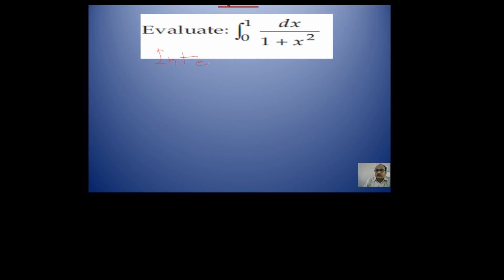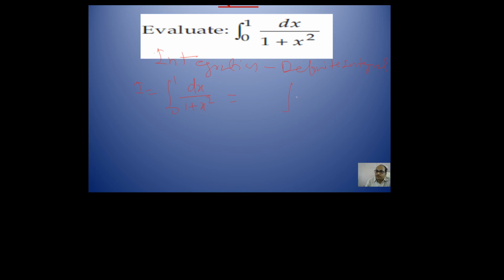Okay, so this is from integration only, but it is called definite integral. Definite integral. Okay, right. So first we will expand it in the same manner as we are doing for integration. So this is actually formula only, it is given.